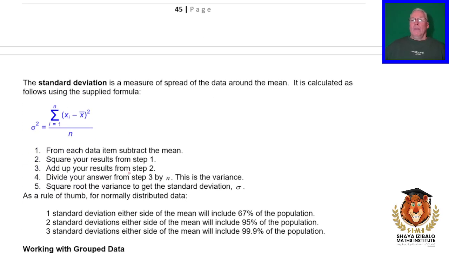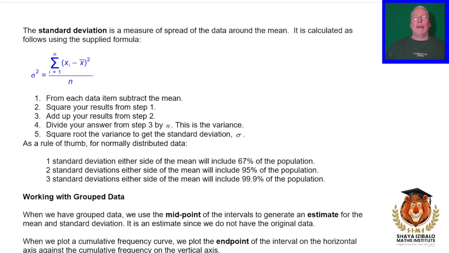The next concept is standard deviation. Standard deviation is a measure of how spread out the data is. The bigger the standard deviation, the more spread out the data. The smaller the standard deviation, the less spread out the data. We need to know how to use this formula, which does get provided.